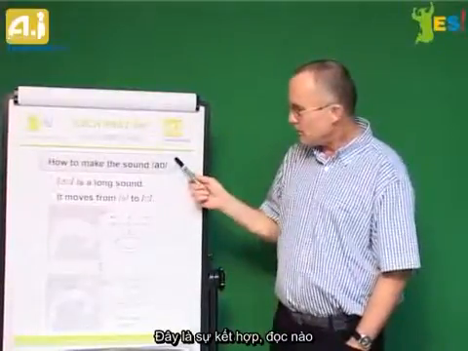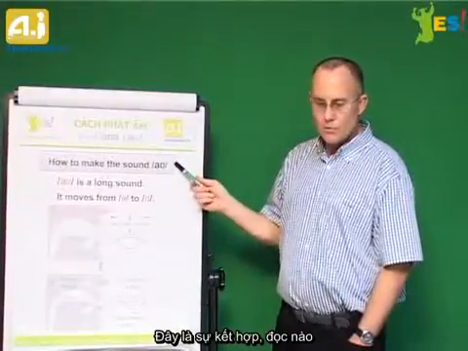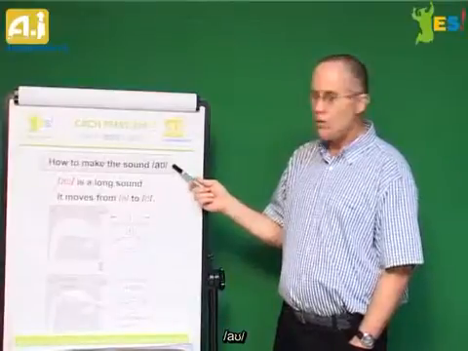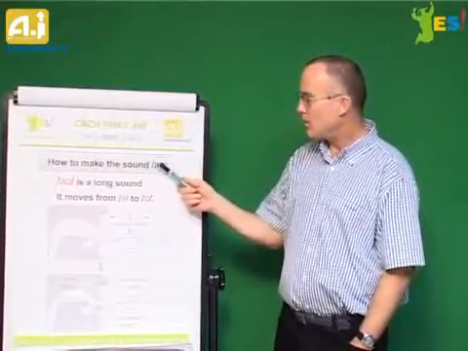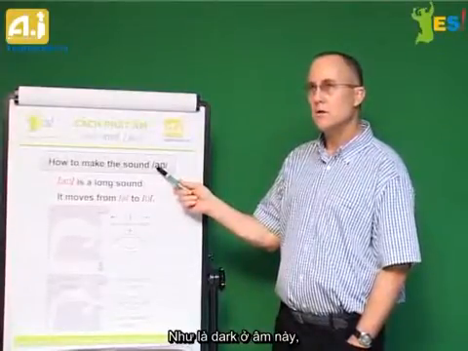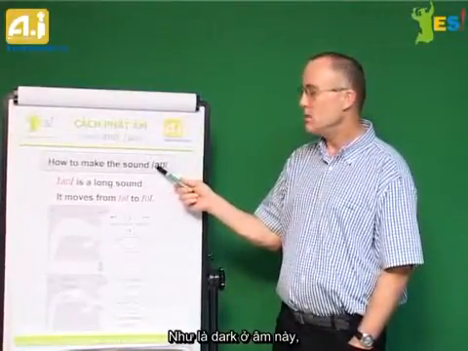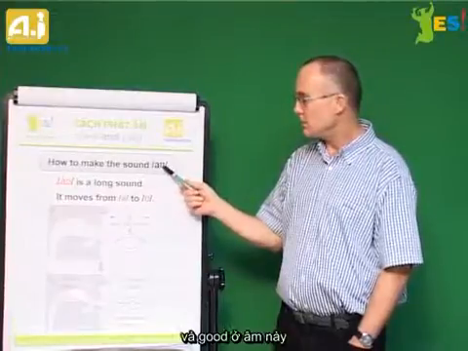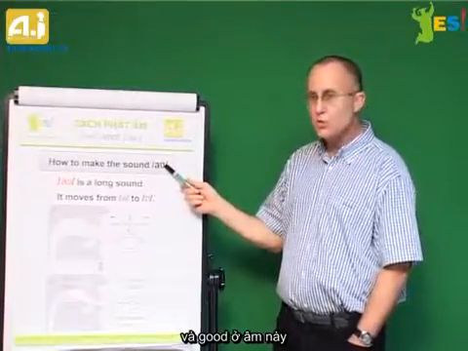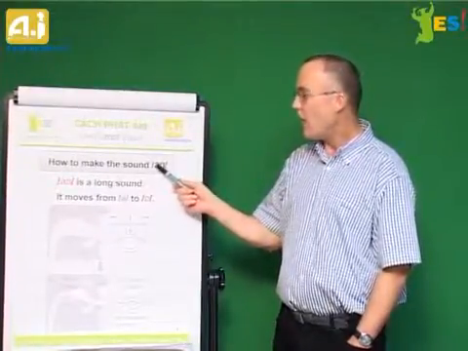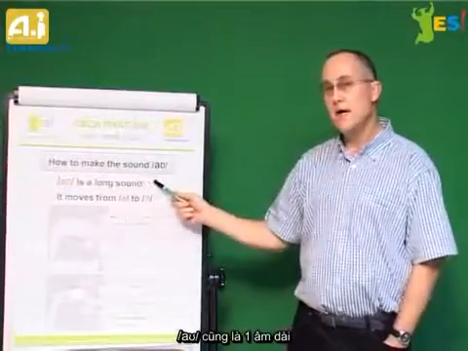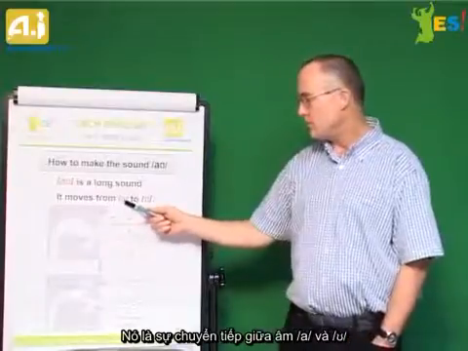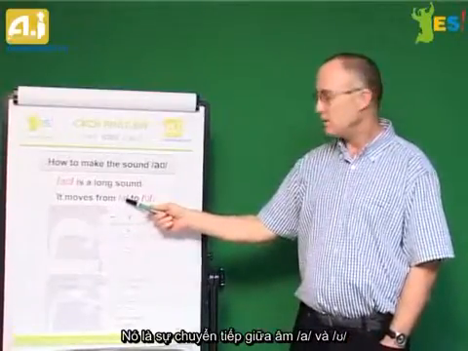Now, this sound is a combination more of an ow, like dark for this sound. And, of course, good for this sound. Oh is a long sound as well. It moves from one to the other.